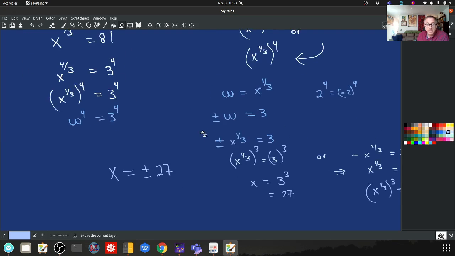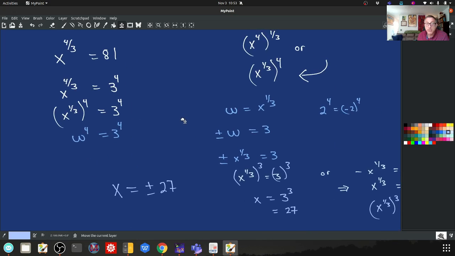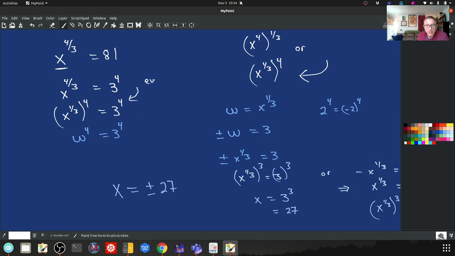So this is an interesting problem. When the unknown is in the base and you convert it to something raised to an even power, w to the 4th is equal to 3 to the 4th, that implies plus or minus w is equal to 3.